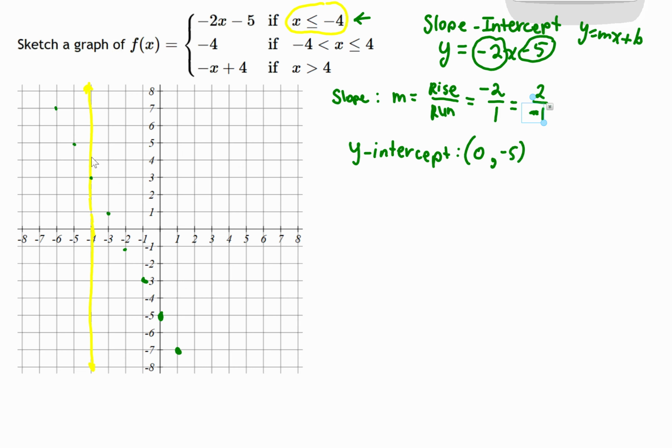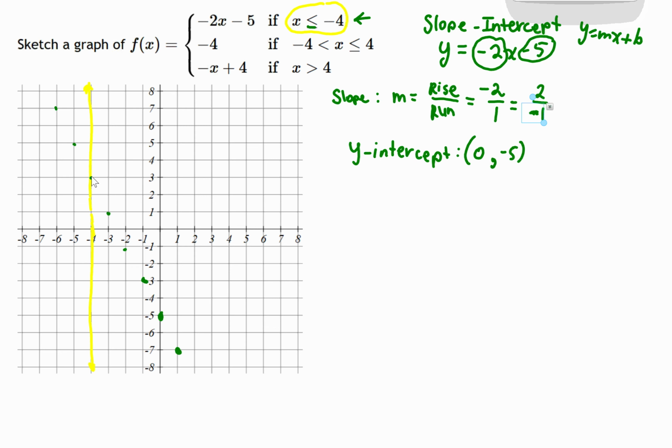So I'll go ahead and connect those points with a straight line. And also, I'm going to notice that there's equality here in my inequality symbol, which is telling me that I want to use this equation for the function all the way up until where x is actually equal to negative 4.